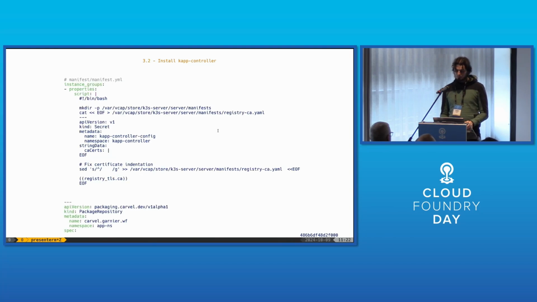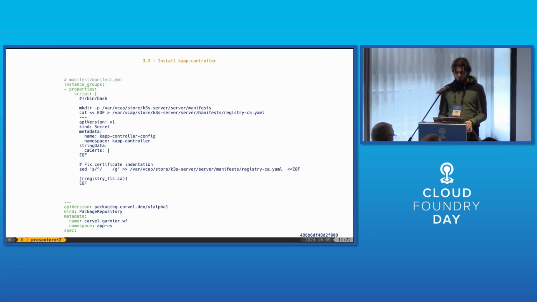Additionally, this was the hacky bit. We need the KApp controller to trust our registry's CA. And there was an issue with the indentation of the CA certificates because the additional manifests expect YAML strings.